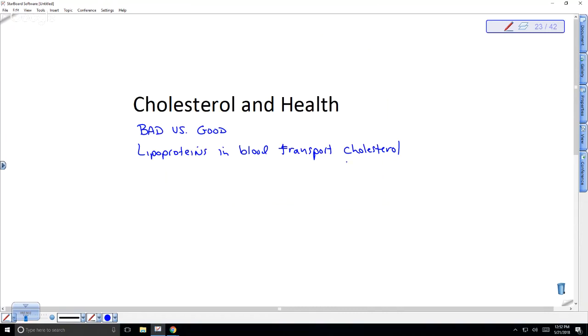So cholesterol is a lipid that is a precursor to vitamin D. So that's how it links. Vitamin D is necessary for bone development because it's necessary for calcium absorption in your gut.